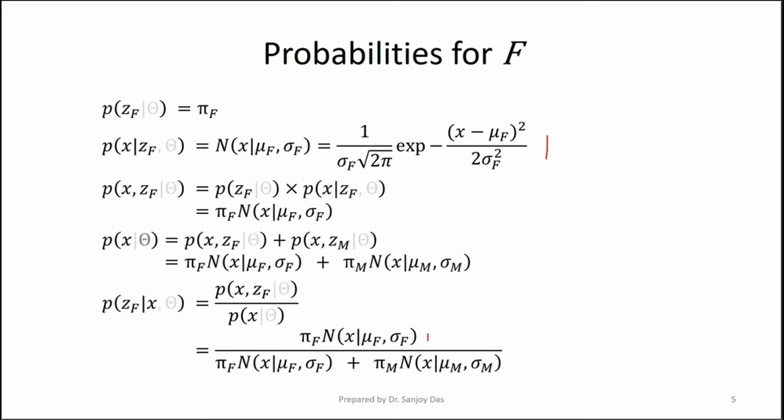The numerator is pi f N(X, mu f, sigma f), and the denominator is P(x), which is equal to this expression here, pi f N(X given mu f, sigma f) plus pi m N(x given mu m, sigma m).